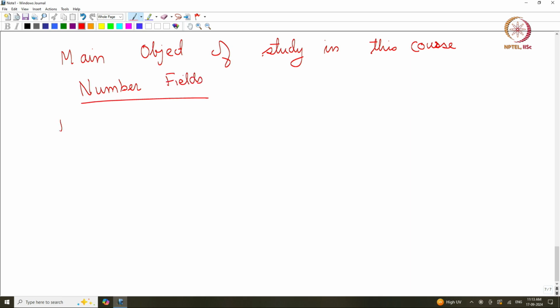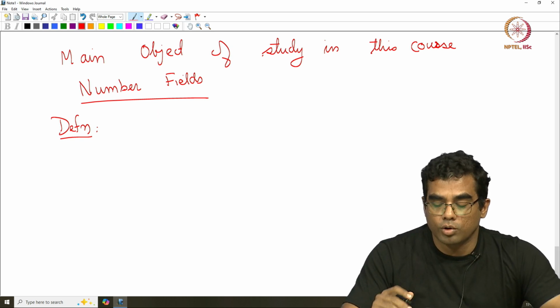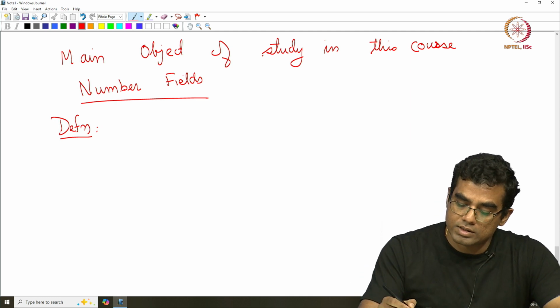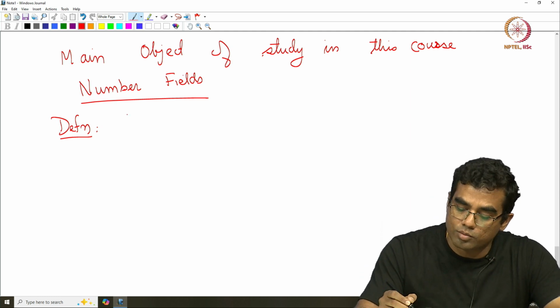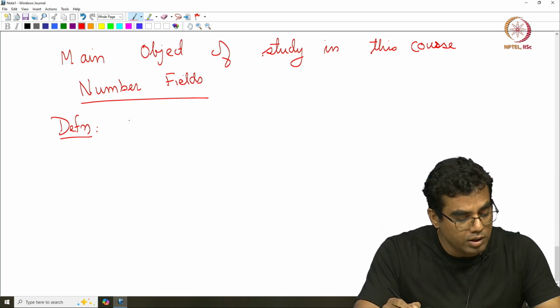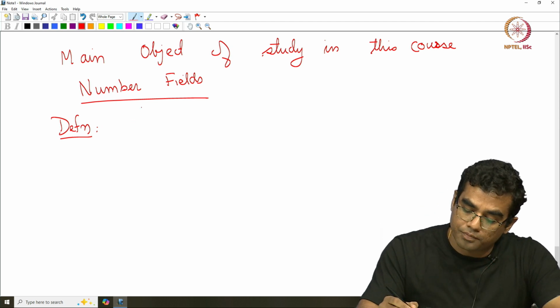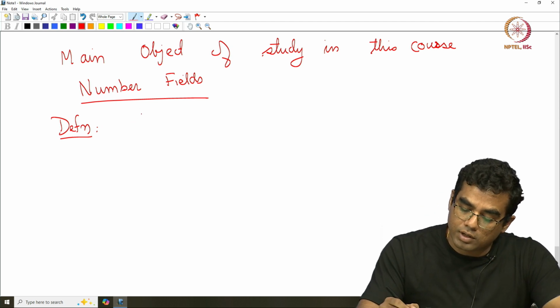So, what are they? I will recall all these definitions more systematically in the next class, but this class is just about motivation of algebraic number theory. So, let me quickly give you the definition.